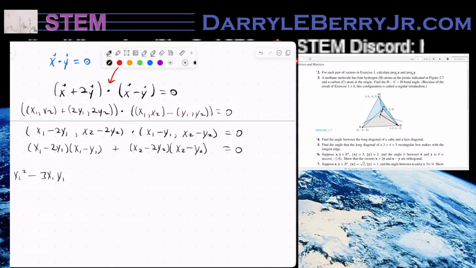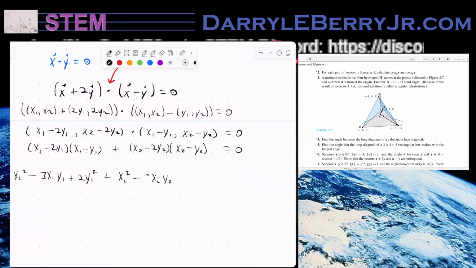So that's 3x1 y1 plus 2y1 squared, plus x2 squared minus x2 y2 minus 2x2 y2. So that's 3x2 y2 plus 2y2 squared equals 0.